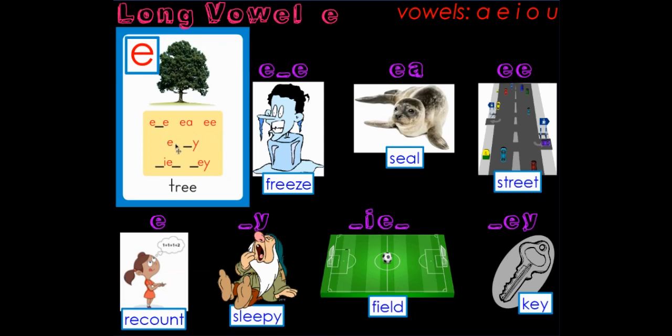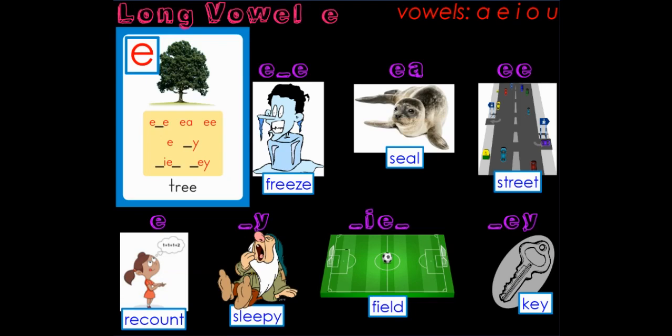Sometimes the long E sound can be made with just the E by itself. Y, IE, and EY. Let's go through each of these letter patterns and give you examples of words that have that letter pattern.